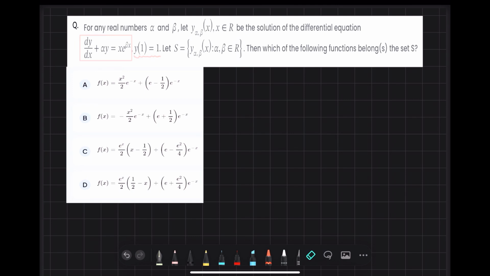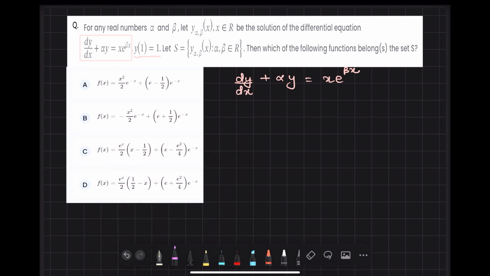For that, first we have to solve this differential equation, which looks like dy by dx plus alpha y equals x times e power beta x. Now look at this.